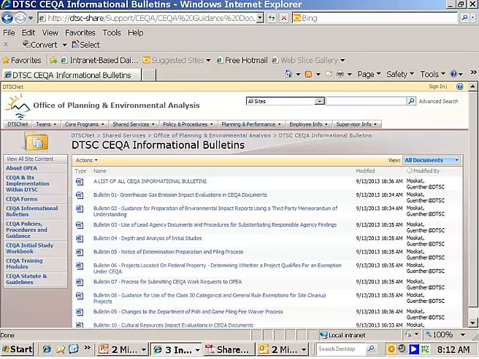Here's a view of our SharePoint site. You'll find us under the Shared Services tab, and we've got a great deal of OPIA and CEQA-related information there.